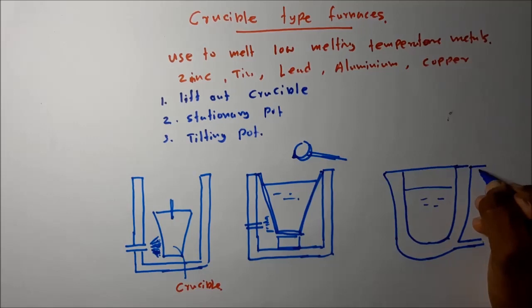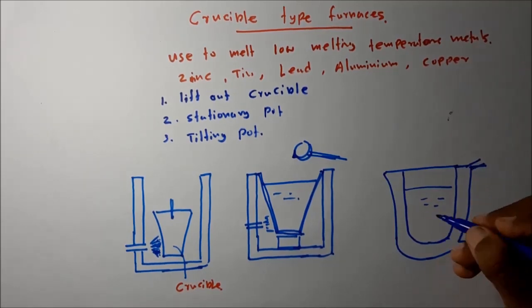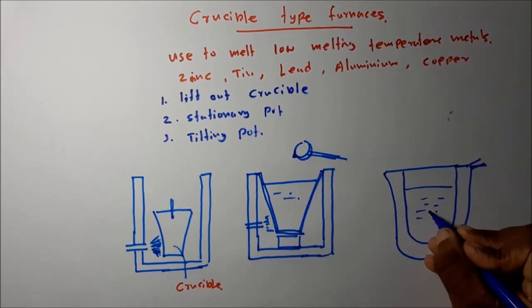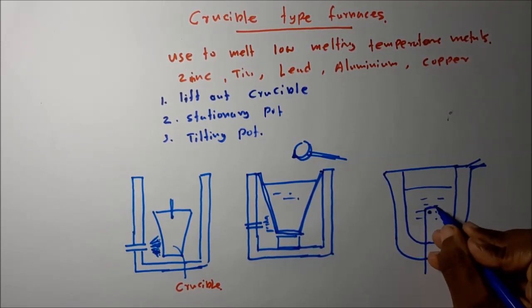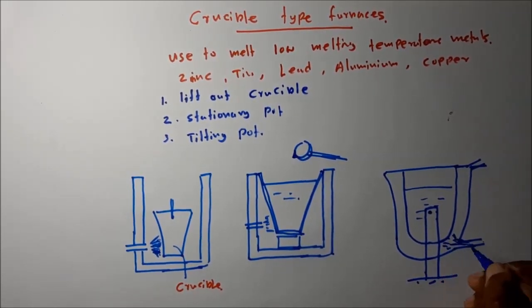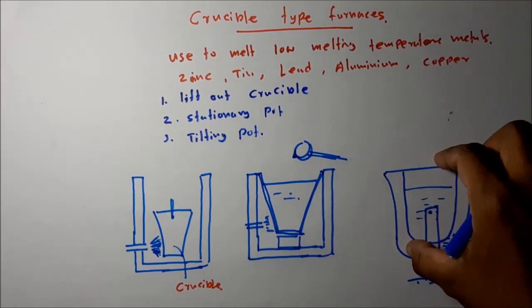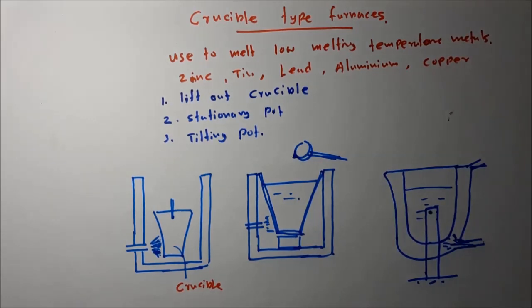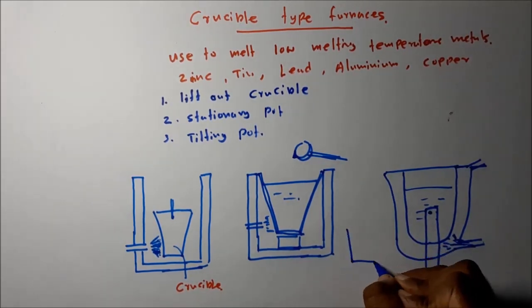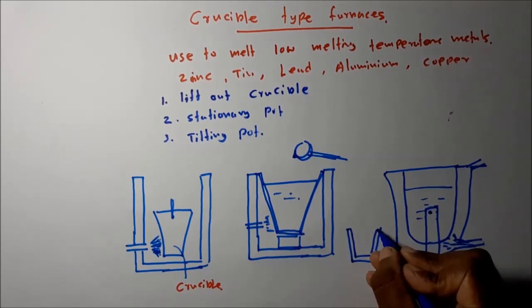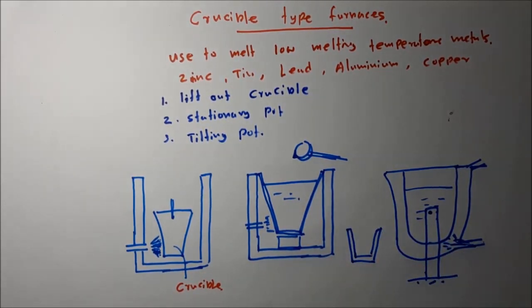Then there's a hole to evolve the fumes also. This is mounted on this kind of stand. After it produces the molten metal, this entire assembly can tilt to take out the molten metal into this kind of ladle for pouring.